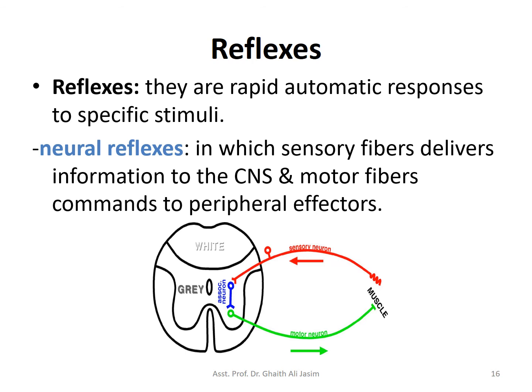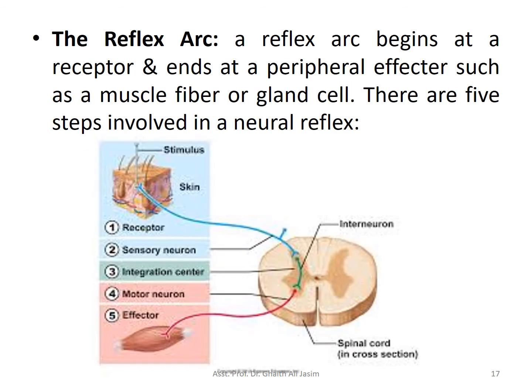We can see in the illustration below, in red, sensory information is carried to the central nervous system or spinal cord, then in green the motor commands are delivered to the effector. What is a reflex arc? A reflex arc begins at a receptor and ends at a peripheral effector, such as a muscle fiber or gland cell.